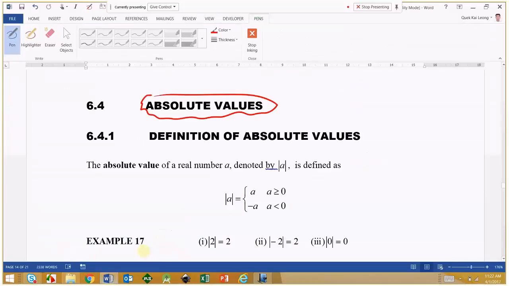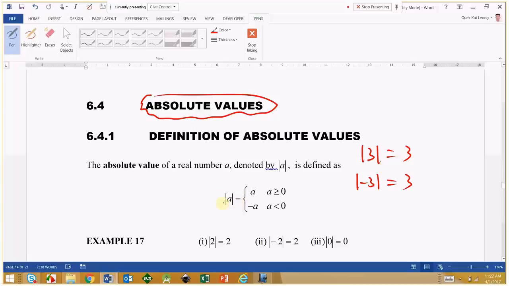Just a quick recap. We know that absolute of 3, of course, is 3. Absolute of -3 is 3. The exact definition of the absolute sign comes from here.